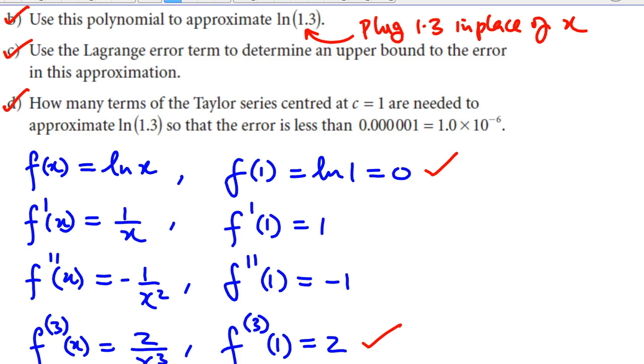So how many terms? They want us to find n. So our c is 1 and our x is 1.3.